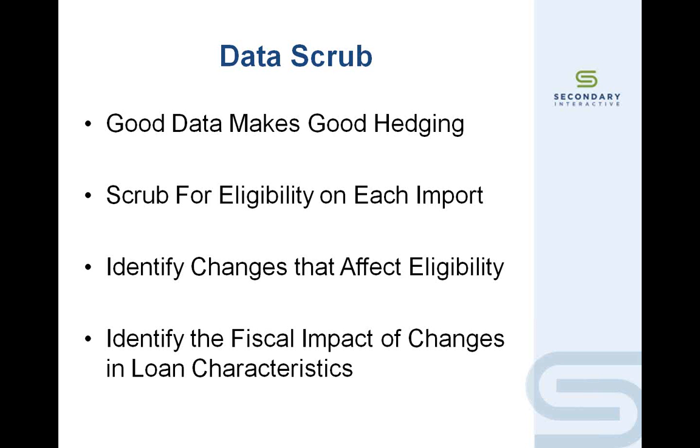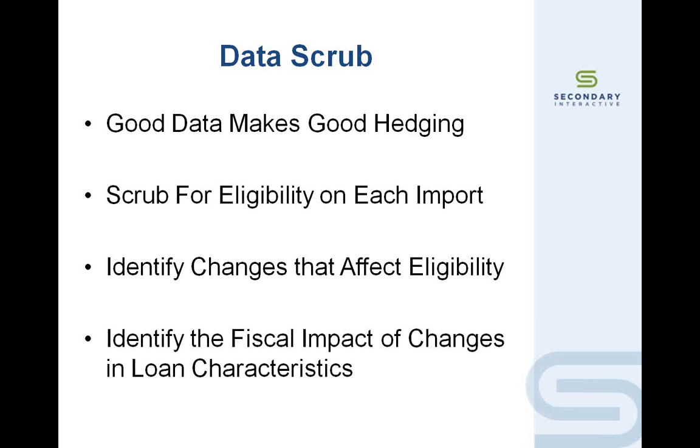As a foundation for a good secondary platform, it's critical that your data be as accurate as possible. We scrub any pipeline data that's uploaded from any of our clients for a couple of different characteristics. In our system, we have investor eligibility and pricing through our partners at Optimal Blue embedded.